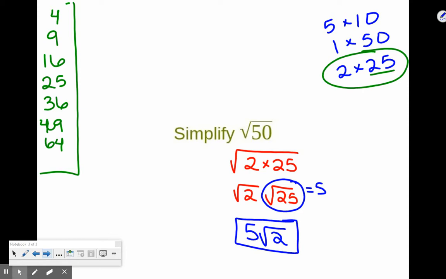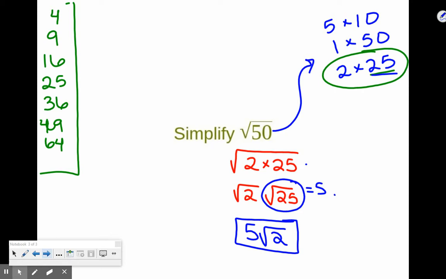So let's go backwards here. My first step is I took 50 and I found all of the possibilities that multiply to give me 50. I then went through those and I noticed 25 was a perfect square, so I put 2 times 25 in instead. I separated them out.